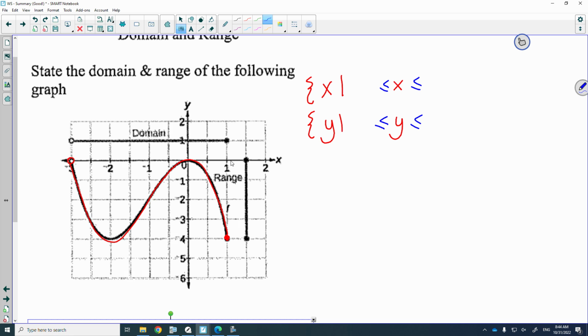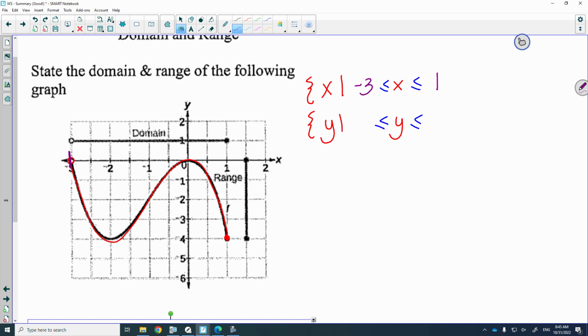It's 1. Actually, the x's would be going up by 0.5. So this is 1, there's 2. So the biggest x is 1. The smallest x is here at -3.